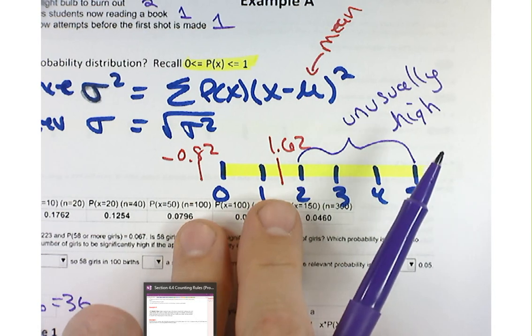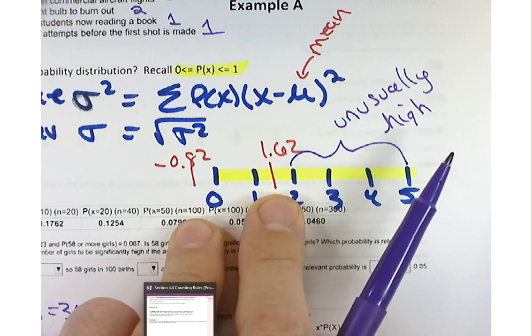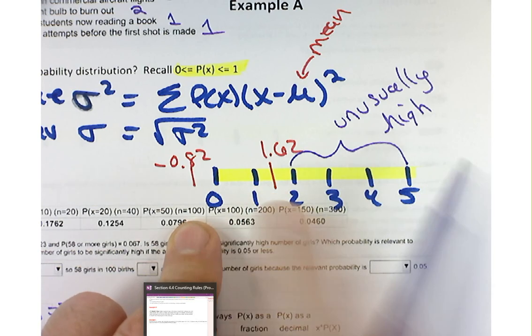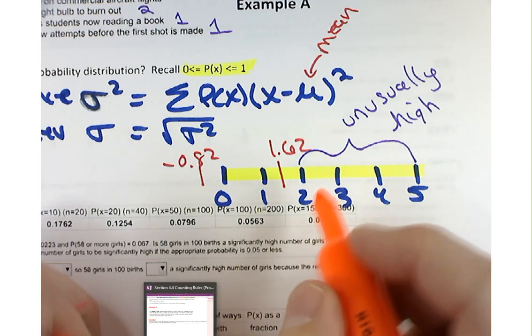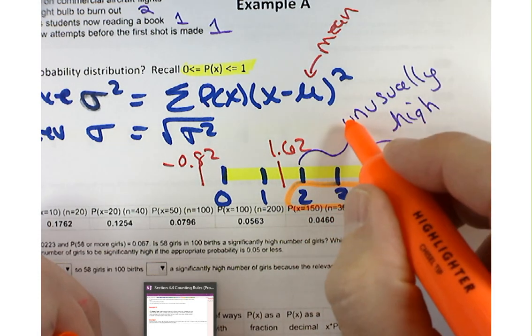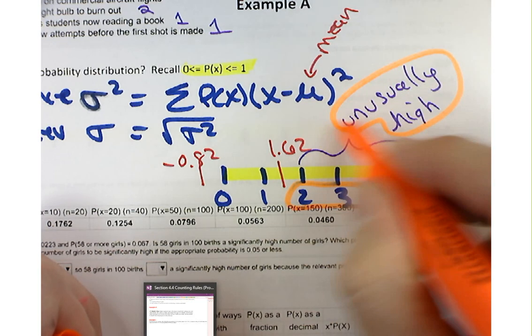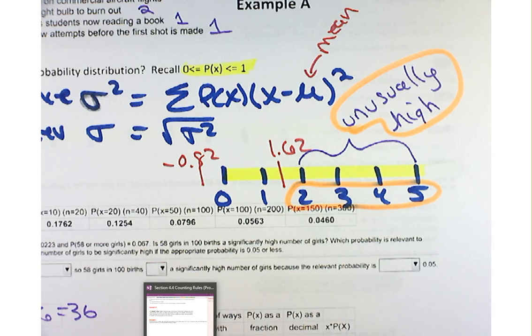But for now, it's weird that you get this number that you can't really get out of this experiment, but that's okay. All it's saying is that these are your unusually high numbers right here. And there's nothing that's unusually low because there's nothing below that number, negative 0.82. So that's it. Numbers 2 through 5 are unusual.